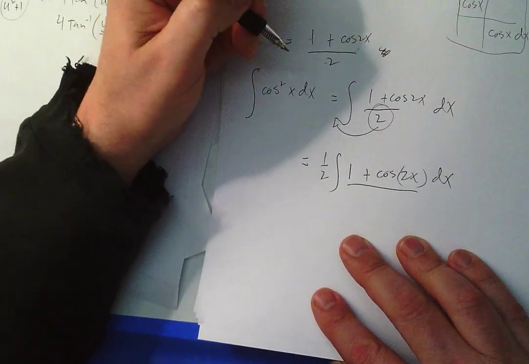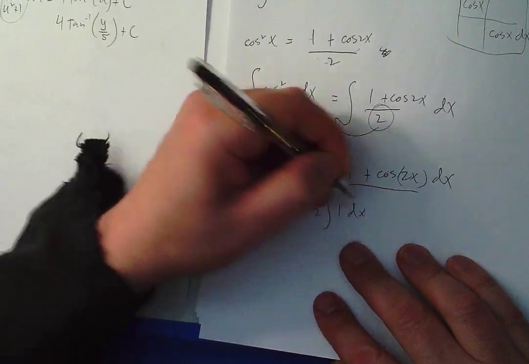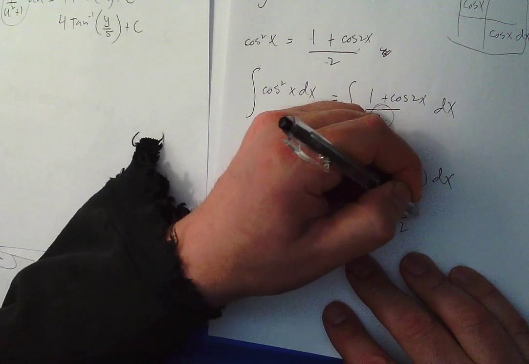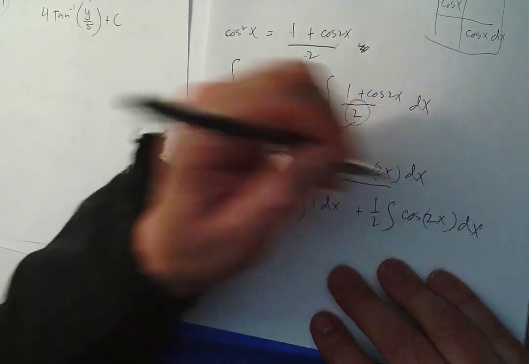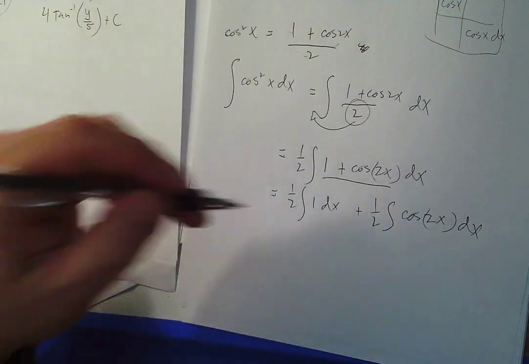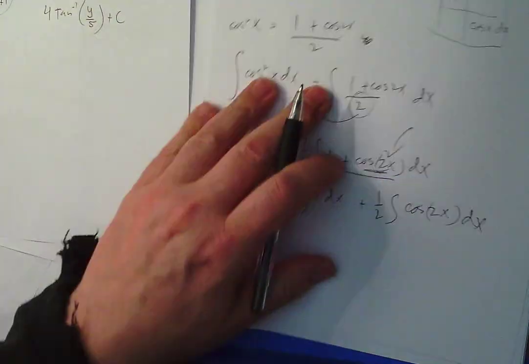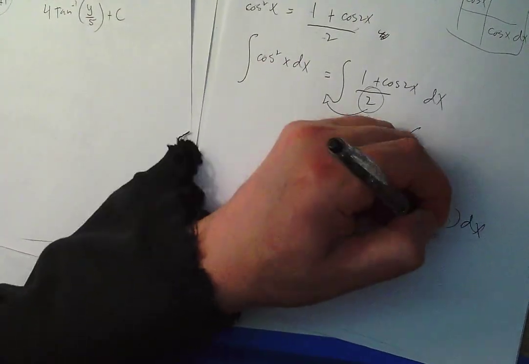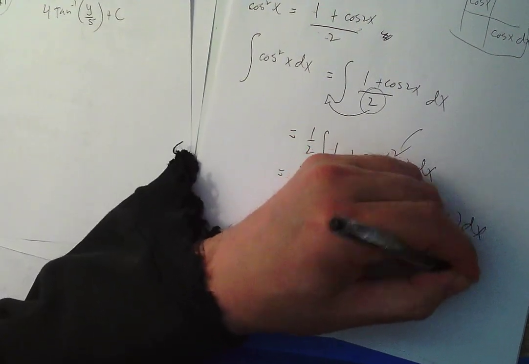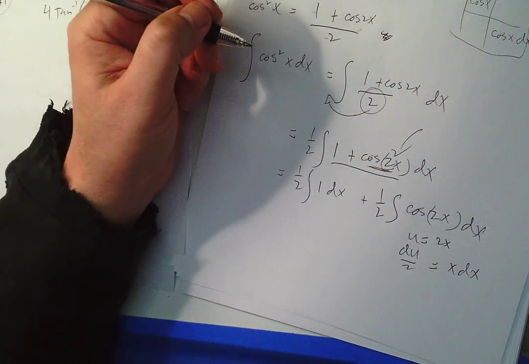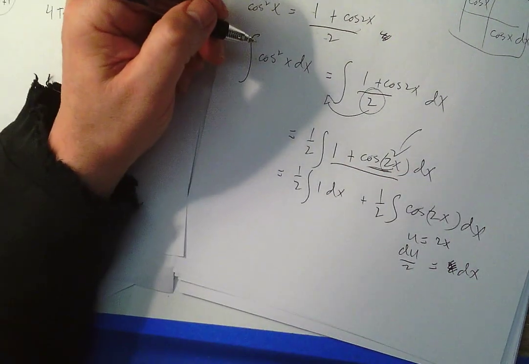I like splitting this into two integrals at this point. 1/2 the integral of 1 dx plus 1/2 the integral cosine 2x dx. Because I'm going to do a u sub, and the u sub is for this part of the function. So u equals 2x, du over 2 equals dx.